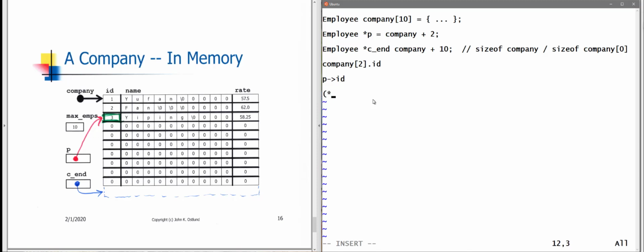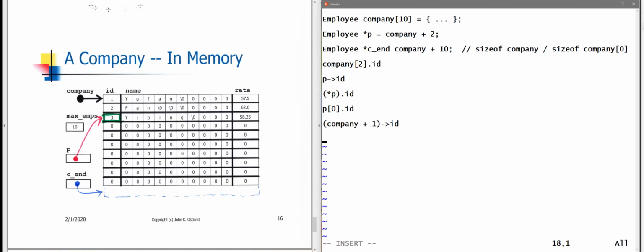Or star of P in parentheses dot ID is the ugly way to say the same thing. Or P sub 0 dot ID works. Company plus 2 arrow ID works. And I can do similar things starting from C end.